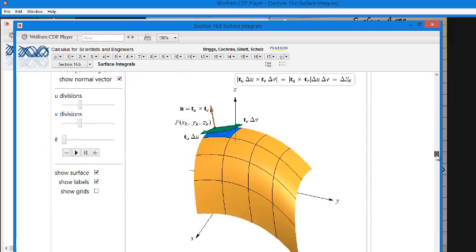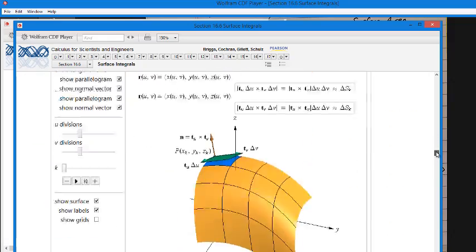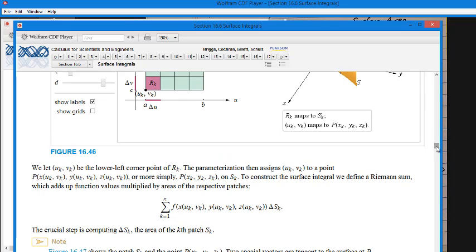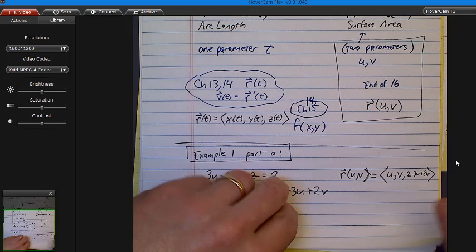Okay. So they're starting to explain here how to do surface area. And there's lots of cool pictures I can go to, but I almost think it might be better for me to give you kind of my own little presentation. So I'm going to do that. We need the following.